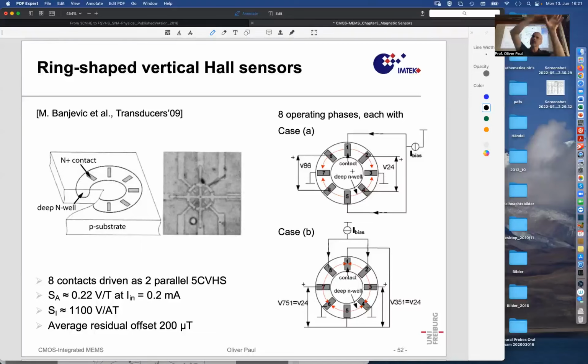If you rotate by 45 degrees, you will measure the diagonal component of the magnetic field. But that's not all. Now you have this top 5-contact device, and then of course the other contacts are those between which you measure the Hall voltage.